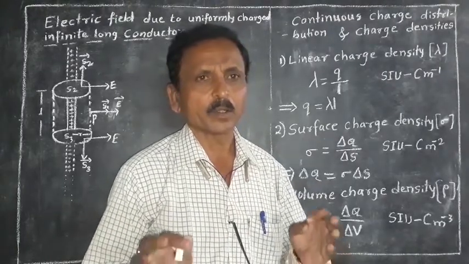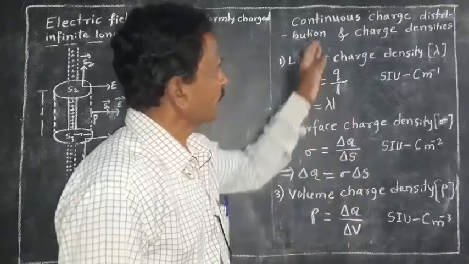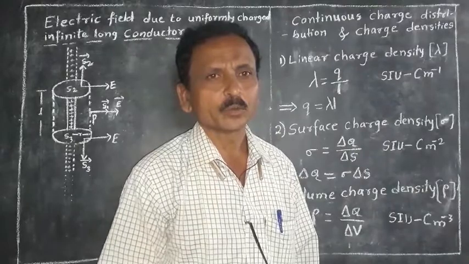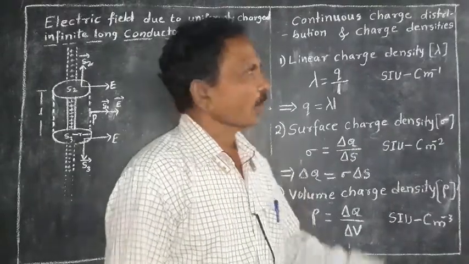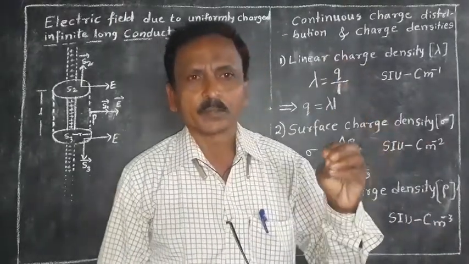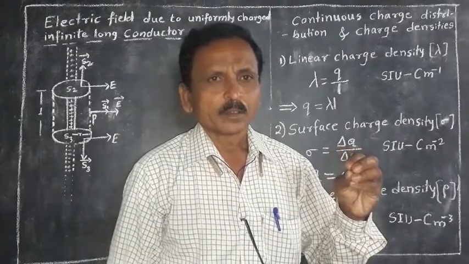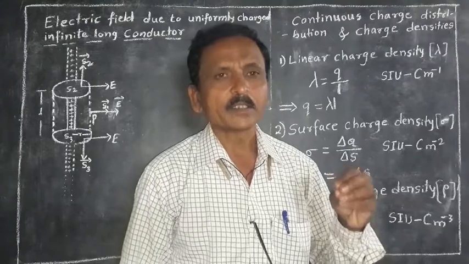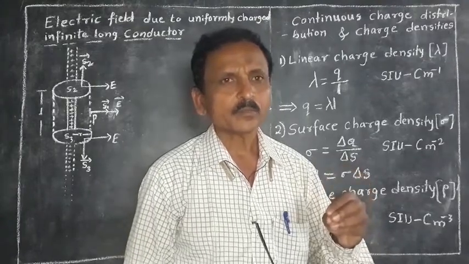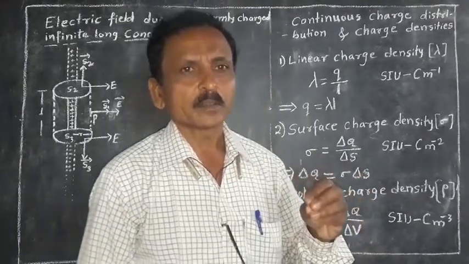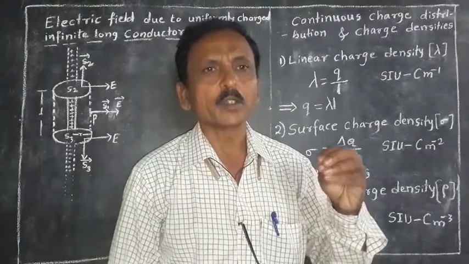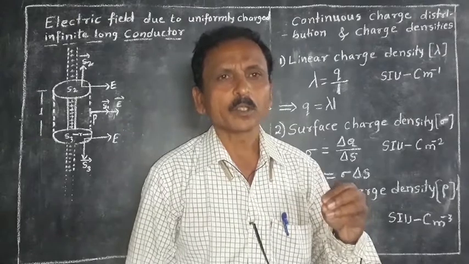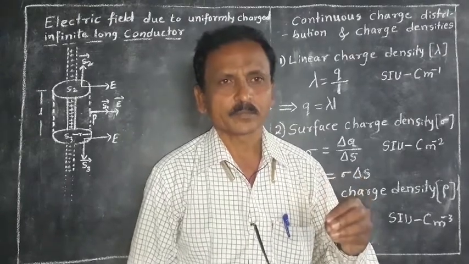The example of continuous charge distribution is similar to the density of liquid. When we refer to the density of liquid, we suppose that the liquid is continuous, and here we ignore the molecular configurations.